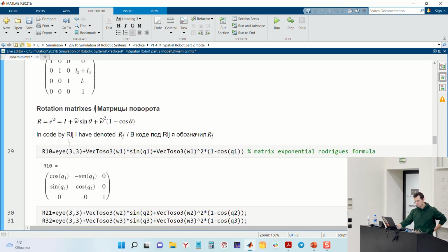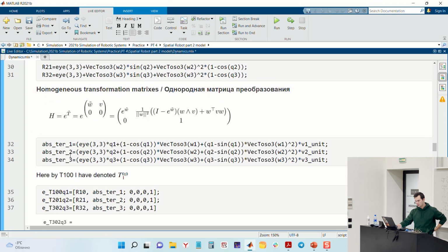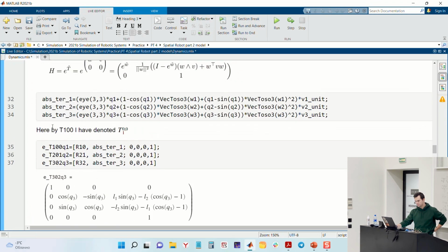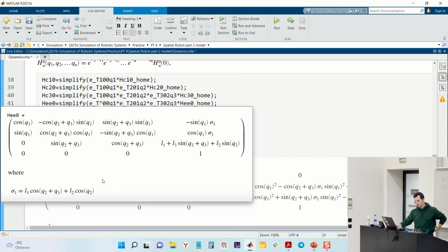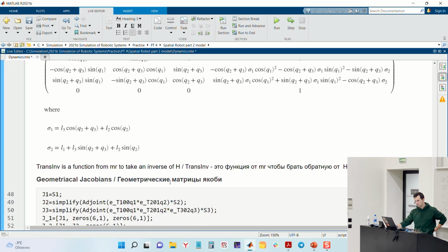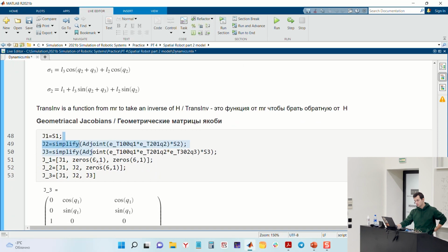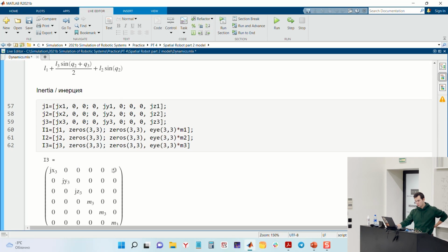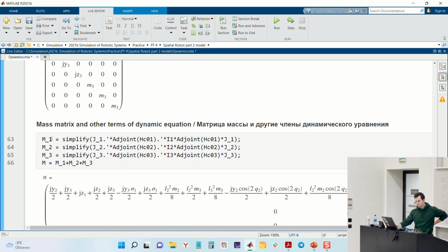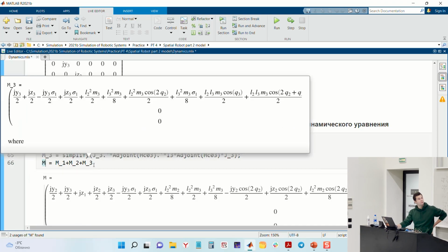This is the Rodrigues formula, the product of exponentials formula for the direct kinematics Jacobians, and we need all of this to compute M. So here we can see M1, M2, M3, and the total M is just the sum of M1, M2, M3.